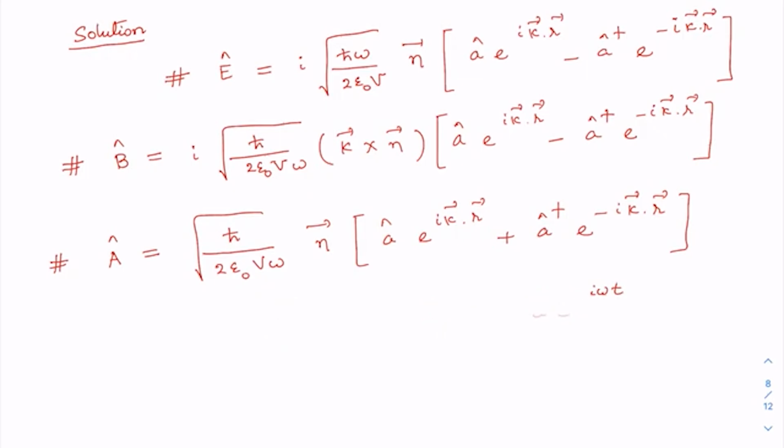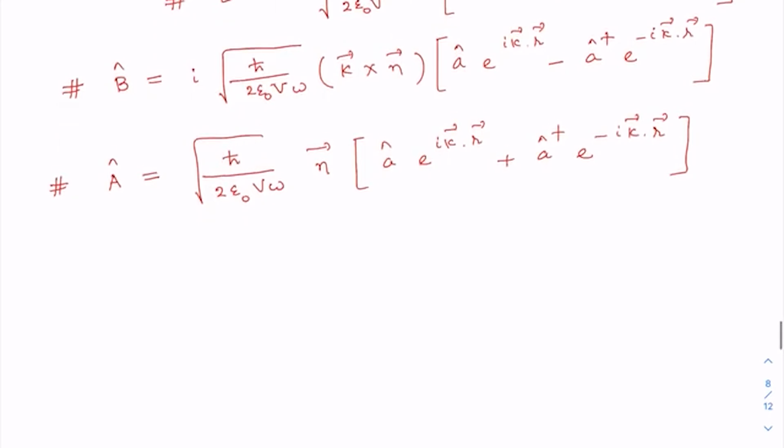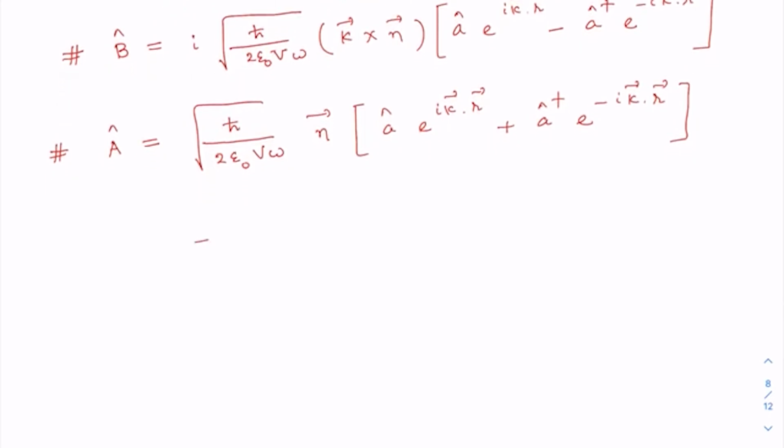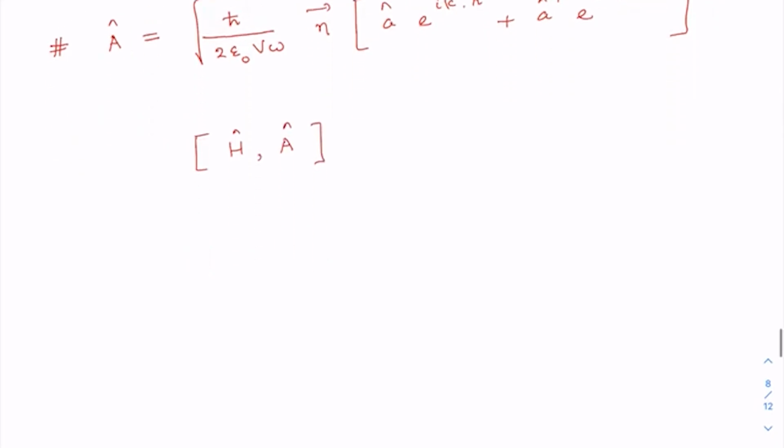Now let me proceed with the given problem. Here we are asked to find the commutation relation between the Hamiltonian and the vector potential. So we have the Hamiltonian, ħω a†a. I'm doing it for a single mode, but this can easily be done for the multi-mode case also.